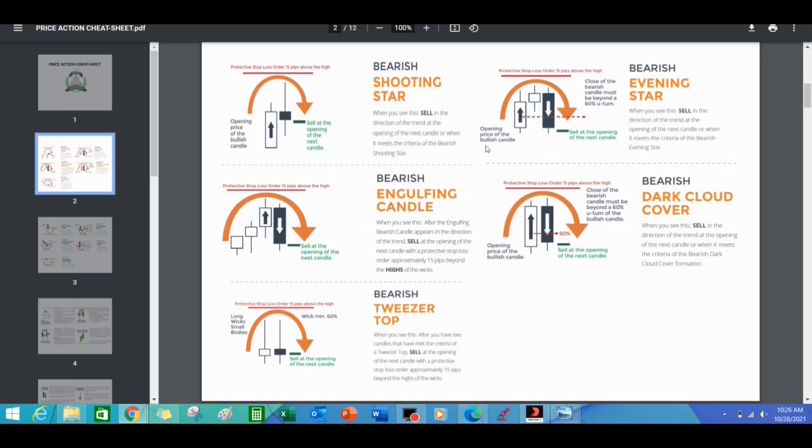We're going to find all these things in the chart. It's very easy, and I'm going to explain to you what you should look out for in order to find all these things. Then we have the cloud cover.